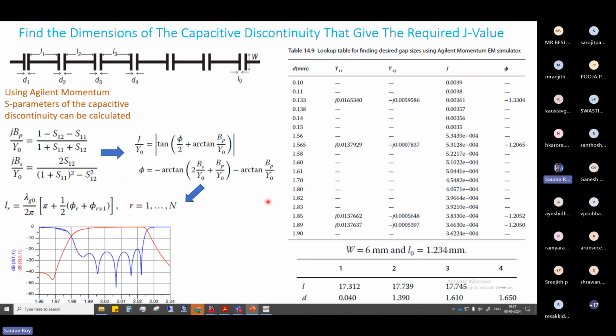One thing you have to remember is that this table might not be valid for all other designs, so you might have to make your own similar table. Once you know the gap required, you can fix the gap and the phase, and then you go to the length calculation. Once the length is known, that is how you arrive at the final design.